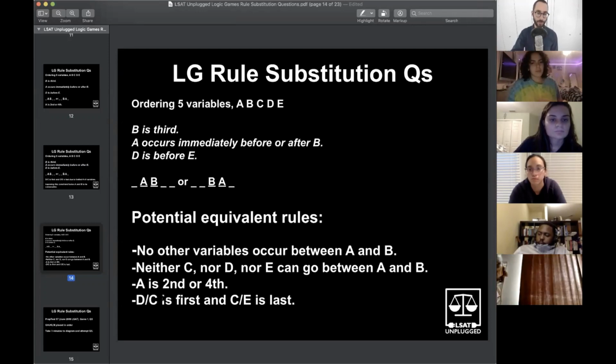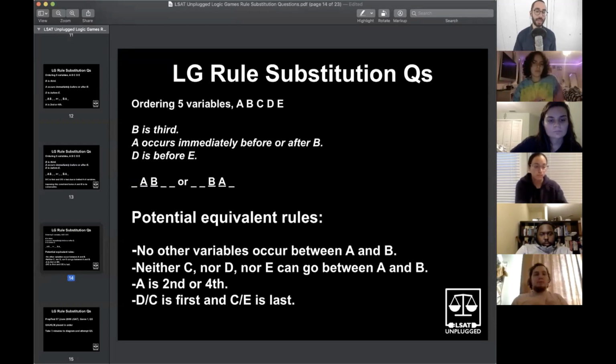So here you see this last potential one isn't even mentioning the letters A or B. It's only mentioning C, D, E. But by imposing those restrictions, by saying both one of D or C is first and one of C or E is last, what you're saying then is that A is not going to go on slots 1 or 5. If it's not going to go on 1 or 5 and B is taking up slot 3, where is A left to go? On either 2 or 4, which is actually what the previous phrasing is telling us.